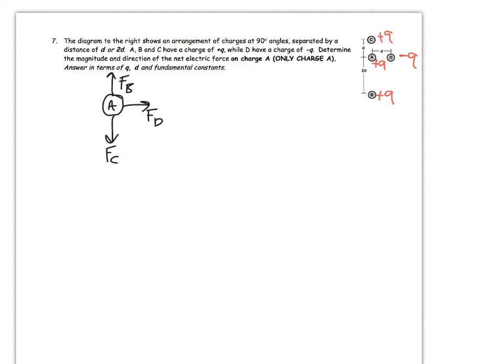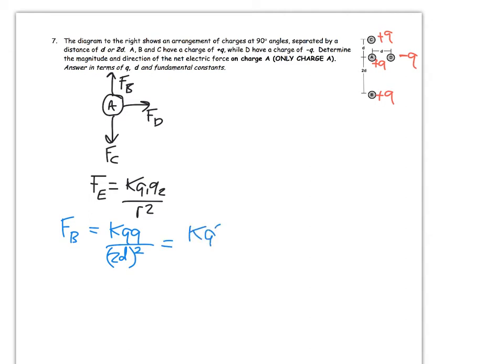What I'm going to do now is calculate the force from each one, and in each case we're going to be thinking about Coulomb's law, k q1 q2 over r squared. So for the force from B, let's start with that, the force between A and B here, it's going to be equal to k times Q over 2D, that quantity squared, and this simplifies to kQ squared over 4D squared.